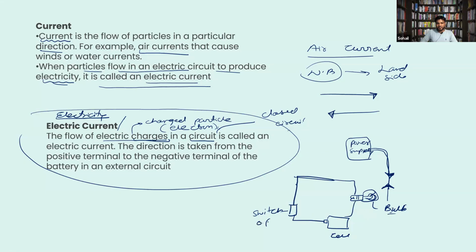Say the switch is off. So will the electricity be flowing? Obviously no. No flow of electricity. So what we understand from this is that when we turn the switch off, the connection between the wires has been stopped.